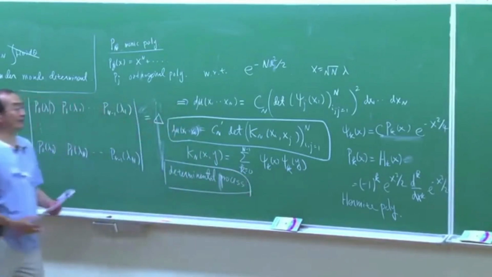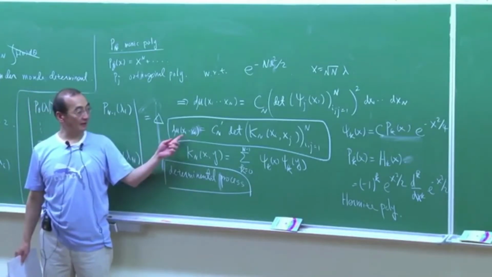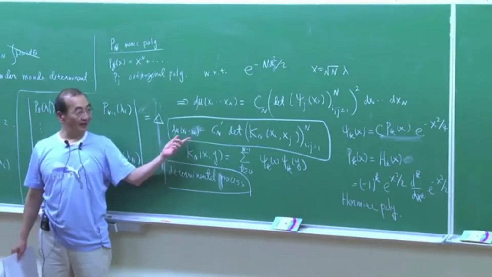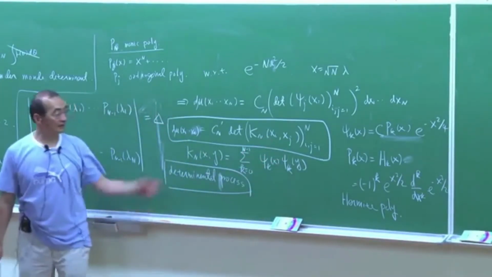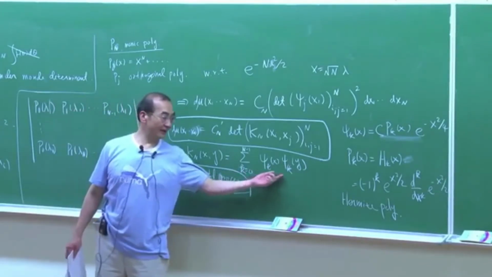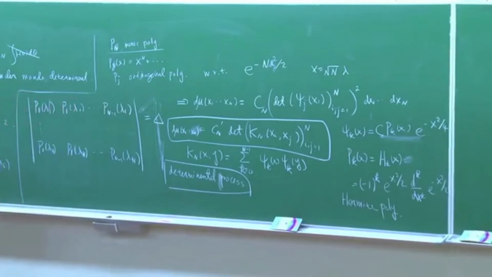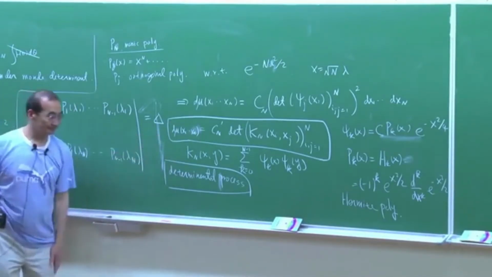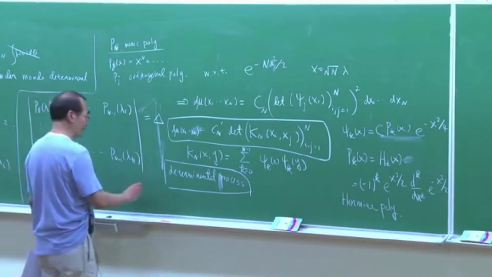In other words, you're studying a probability measure of n particles, x1 to xn, and this probability measure is given by a determinant. And this determinant is given by an orthogonal polynomial, psi k x, psi k y, and k from 0 to n minus 1. So you just study this problem. So, okay, this was actually the work of Gaudin and Mehta.